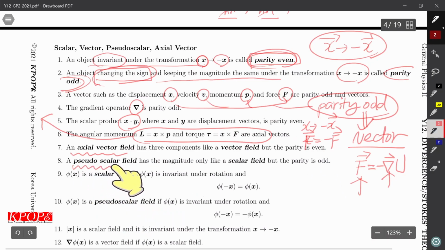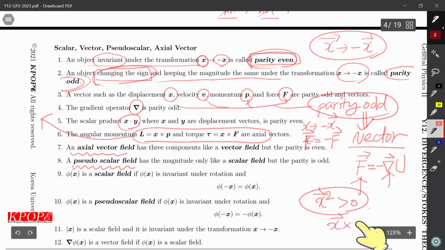There's also the pseudoscalar. A scalar, for example x squared, radius squared, is positive, right? But x cross y dot z is a triple scalar product. We call this a pseudo-scalar, because if we replace these vectors with negative signs, we flip the sign.